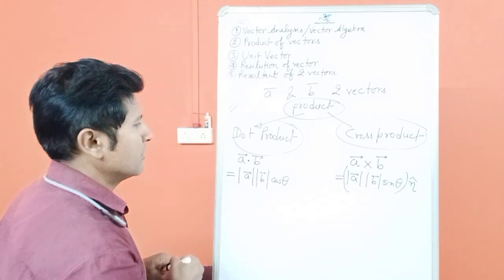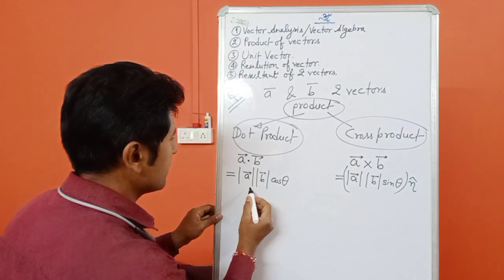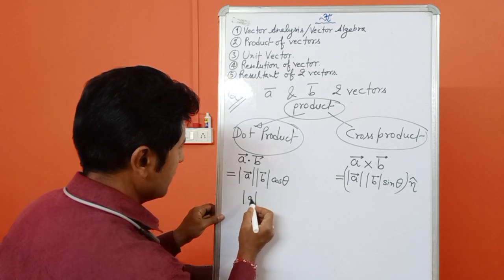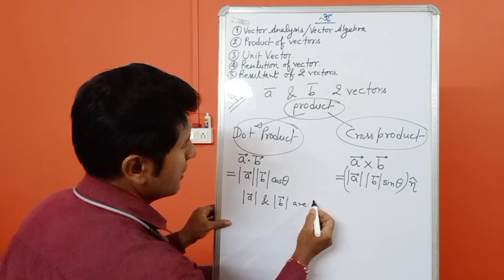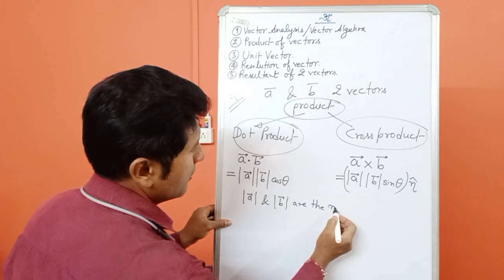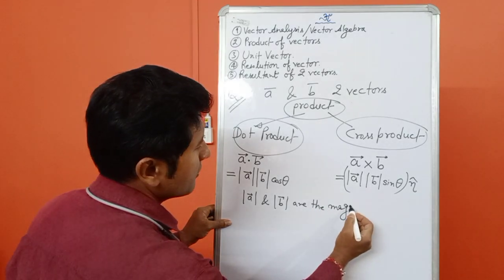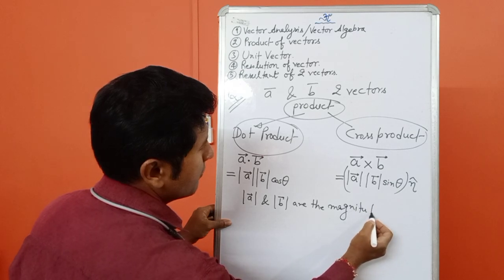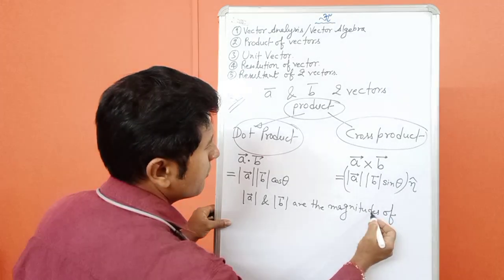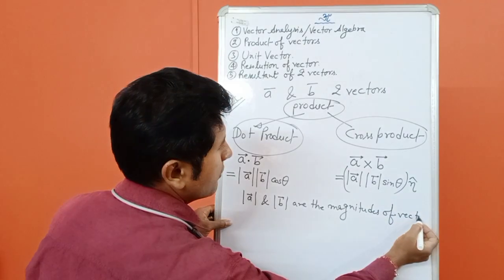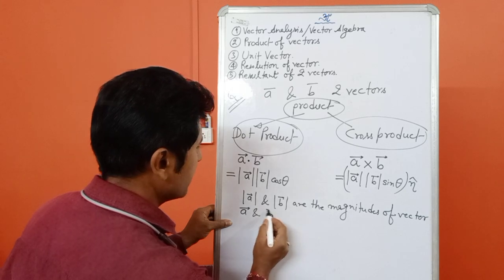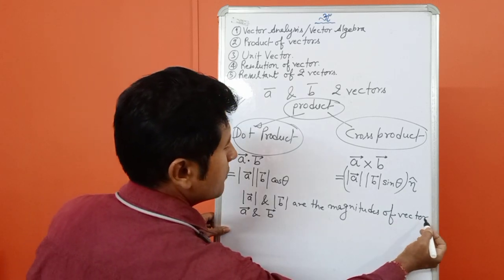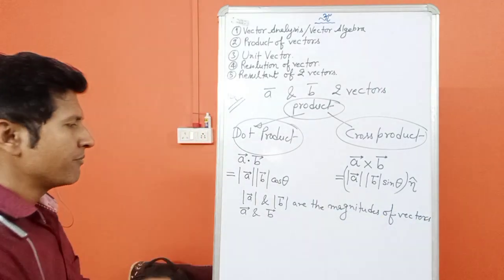Now, what is this modulus? Now, modulus A and modulus B are the magnitudes of vector A and vector B. Correct?